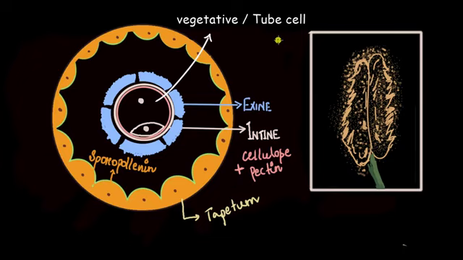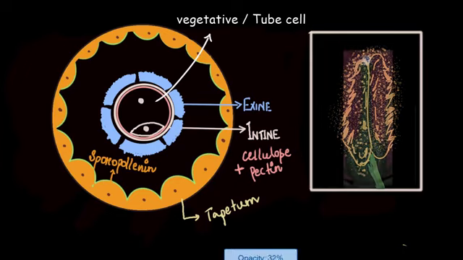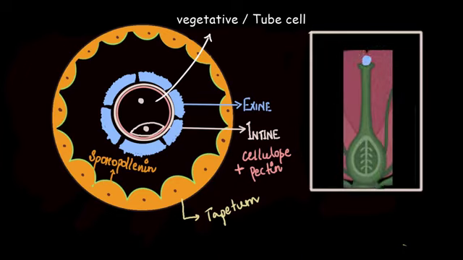Can you guess why we call it a tube cell? Well, this is because this cell gives rise to what we call a pollen tube. So if we consider this to be a pollen and here are the eggs of a flower, then from this part of the cell, the pollen tube develops.